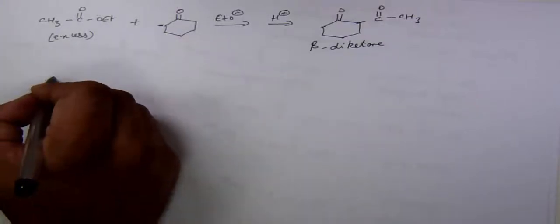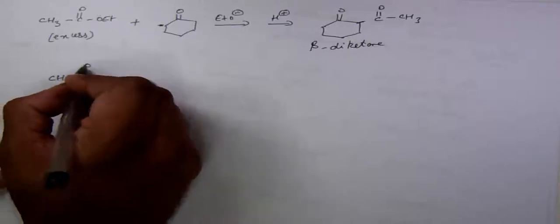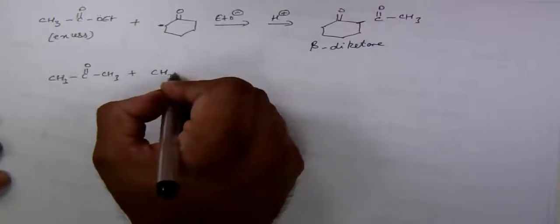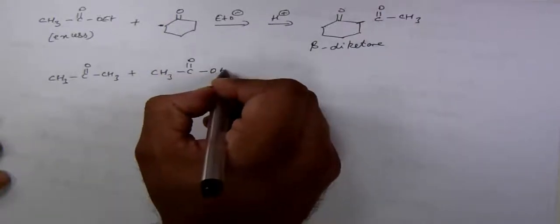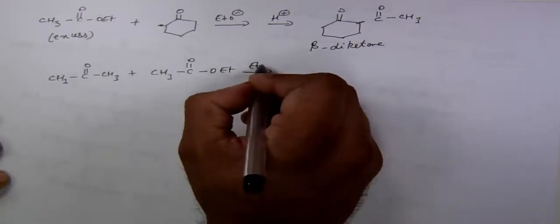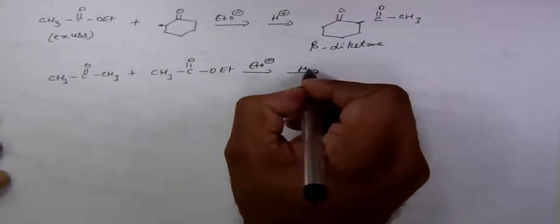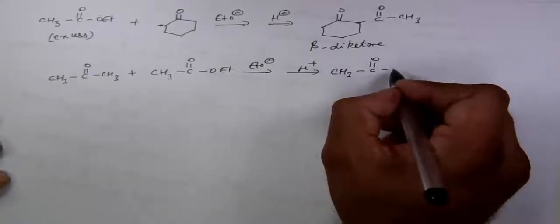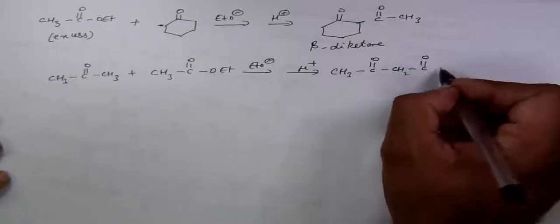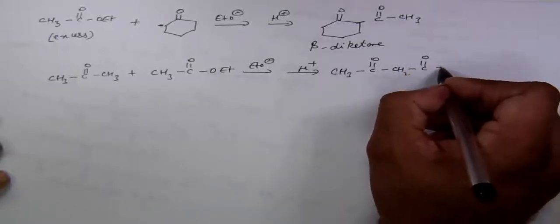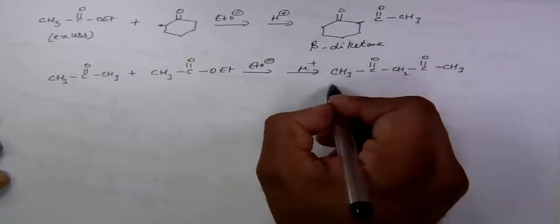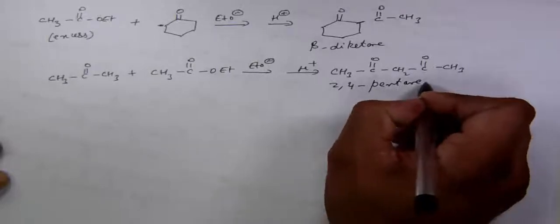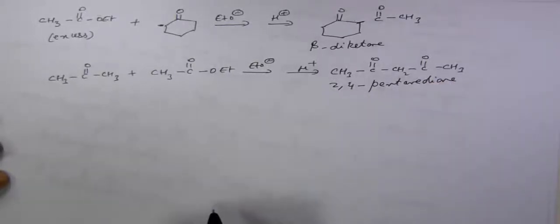So in a similar situation we can take acetone, and acetone can be made to react with ethyl acetate, and the sequence of steps would give us CH3, C double bond O, CH2, CO, CH3. So I get 2,4-pentanedione.